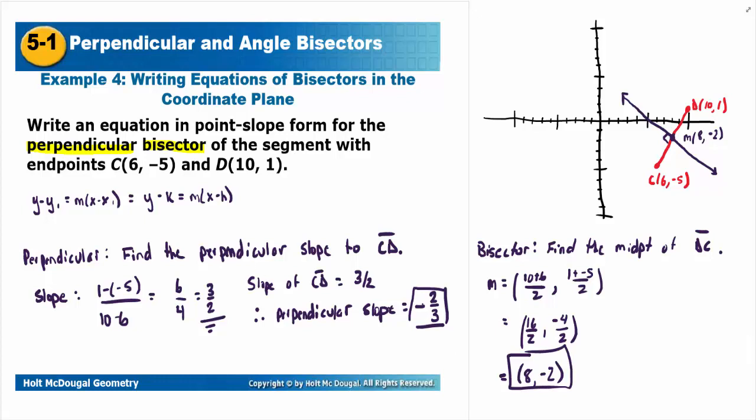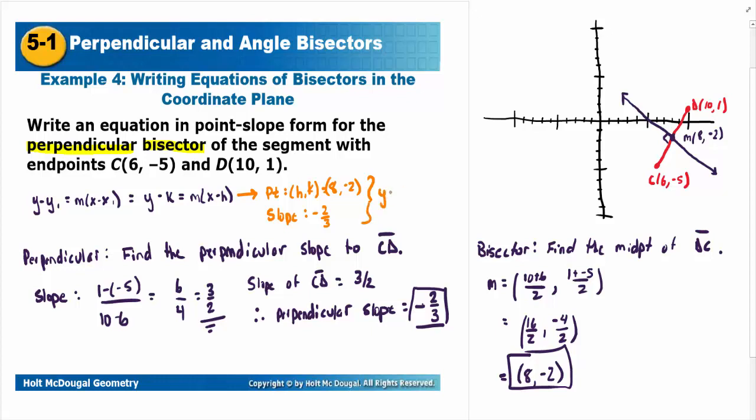Coming back up here, now that I have my point and my slope, let's plug this in. My point, which remember I call my (h, k), equals (8, -2), and my slope is negative 2/3. Let's just plug it in your formula.